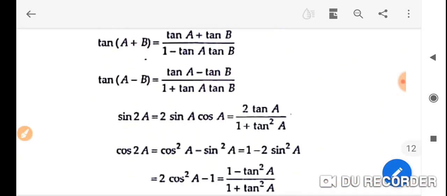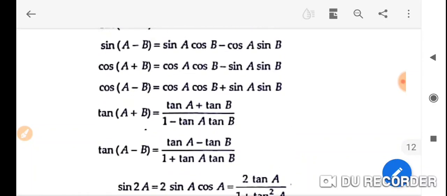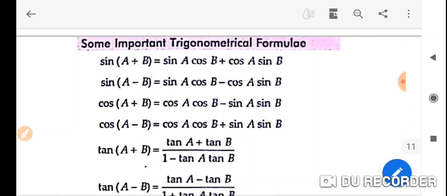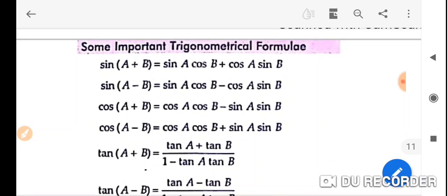Proceeding further, sin 2A. This is a multiple of angle: 2A, 3A, 4A. Sin 2A. If you see carefully, you have seen sin (A plus B) here.